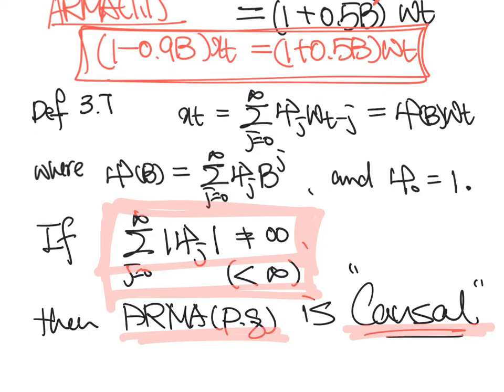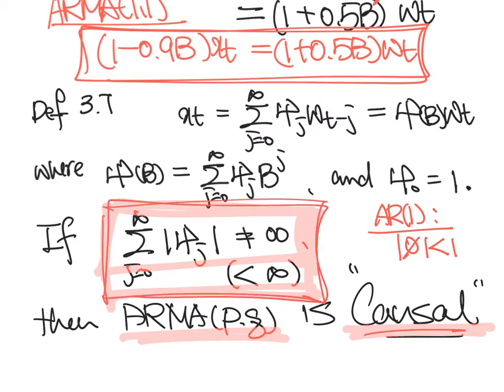You know, before we had these conditions for only the AR(1), right? But now, in general, we can check this one, even based on the ARMA(p,q), and then we can say it is causal.